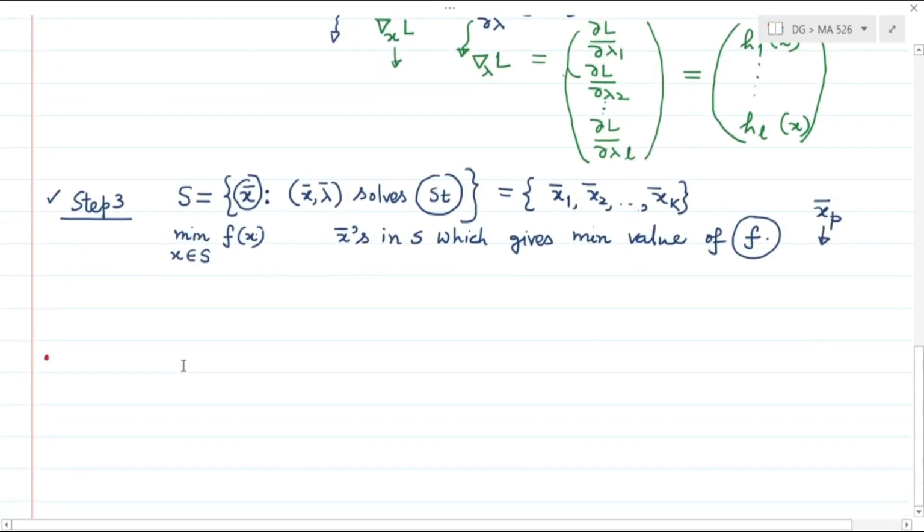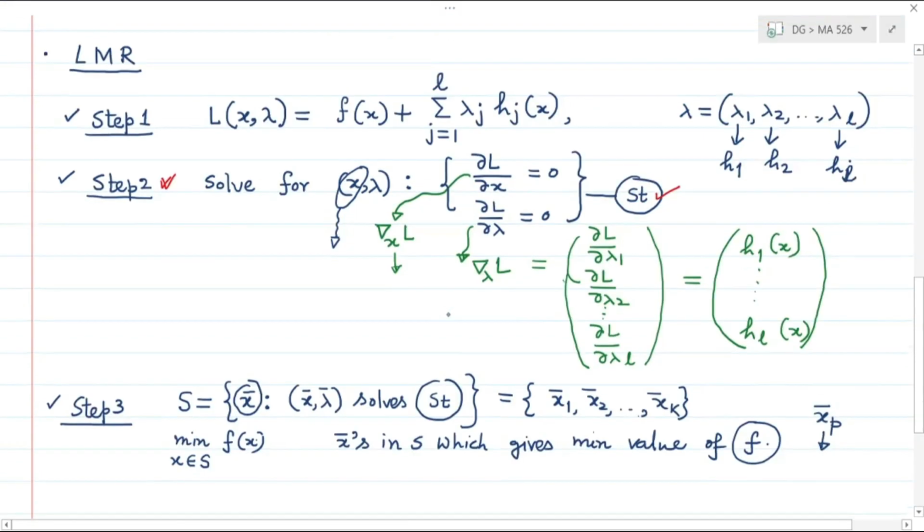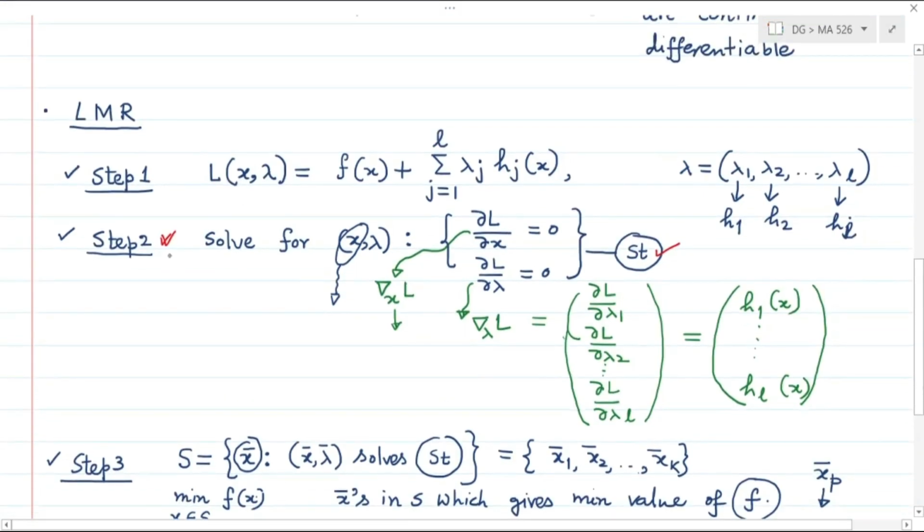The first careful point, let me just write here, careful one, is that we are deliberately thinking that in step 2 we are going to get at least a solution x for which you have a lambda such that (x, lambda) is solving the stationarity system.